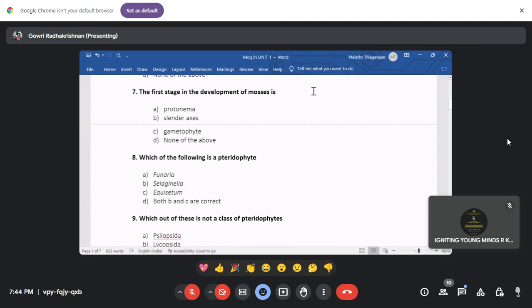Number 7. The first stage in the development of mosses is protonema. Proto itself says initial. So protonema. The first stage of development of mosses is protonema. It's not gametophyte, right?